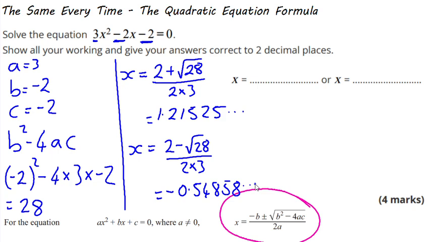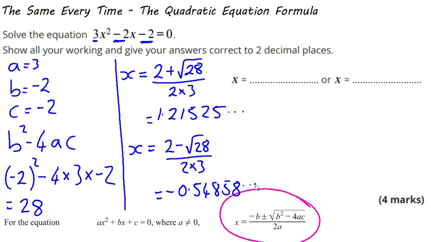Now the reason why I've written my calculator answer there and my calculator answer for the second one is because the question says show all your working. I've got all my working down here, and then give your answers correct to 2 decimal places. So even if I get my rounding wrong for the 2 decimal places, I can still pick up my marks for showing that I've actually calculated the numbers correctly.